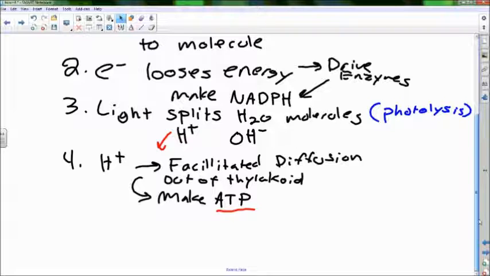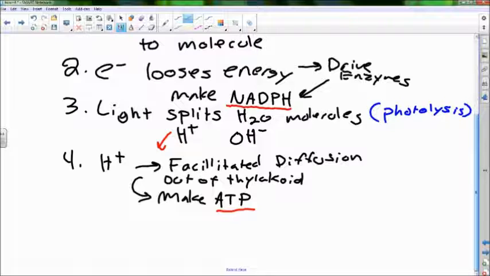Okay? So those are the steps of stage 2. You can see, it's kind of complex. You have this electron that's bouncing from molecule to molecule. As it does that, it makes this NADPH. We've got light splitting water molecules up. The H plus from those water molecules diffuses to the outside of the thylakoid.